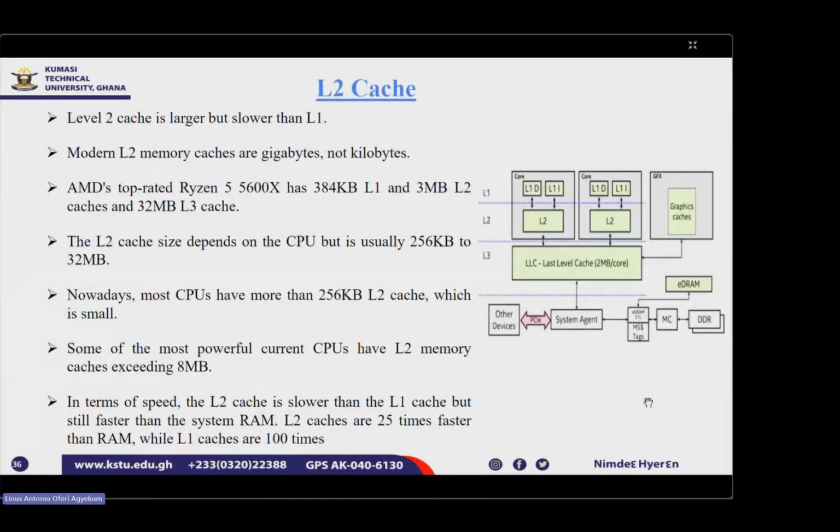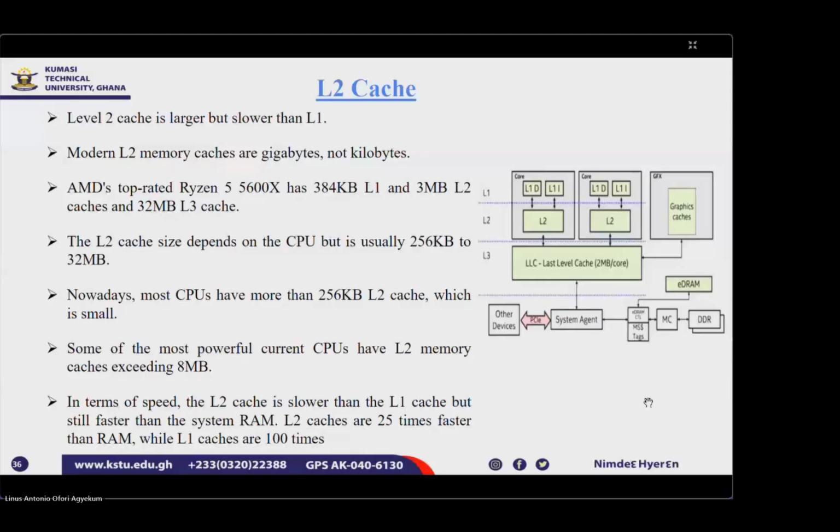Then we have the L2. This is larger but slower. So the size is bigger compared to the L1. They are mostly in gigabytes.